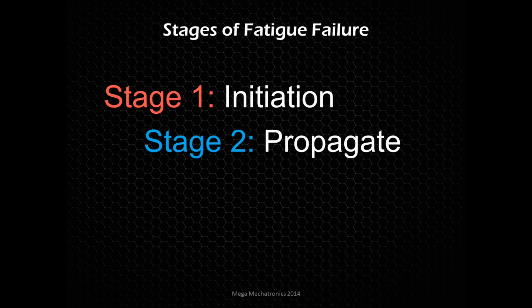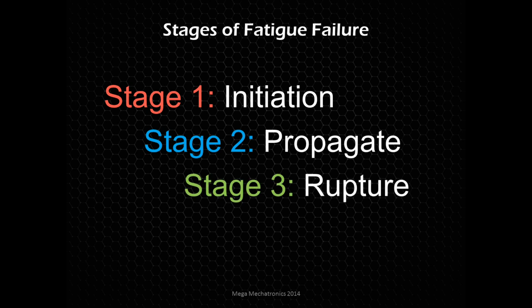But depending on the material and the size of the load, it could take 3 cycles or it could take 50,000 cycles. But every time you're loading, that crack's getting bigger and bigger, and that's the propagation stage. And then the spectacular ending would be the rupture, when we get our catastrophic failure, complete failure, where the part breaks or bends or collapses.